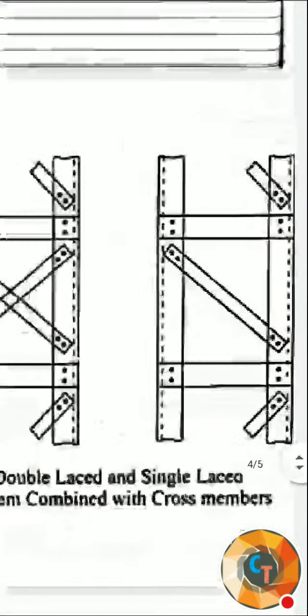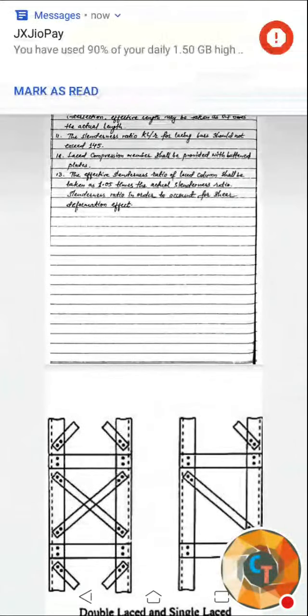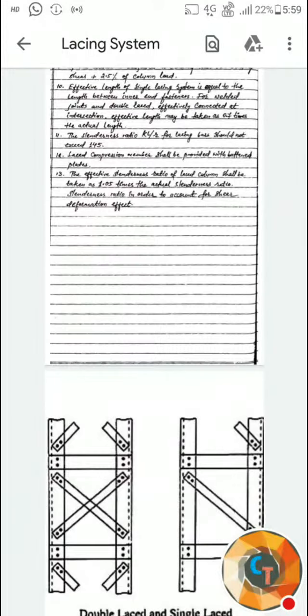This is the 10th point. Is it clear? Please reply.